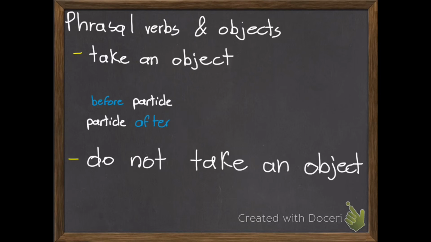But in the case that we use a pronoun, it can only go between the verb and the particle. So as you can see, when it's an object and it's not a pronoun, the object goes before the particle but after the verb, of course.